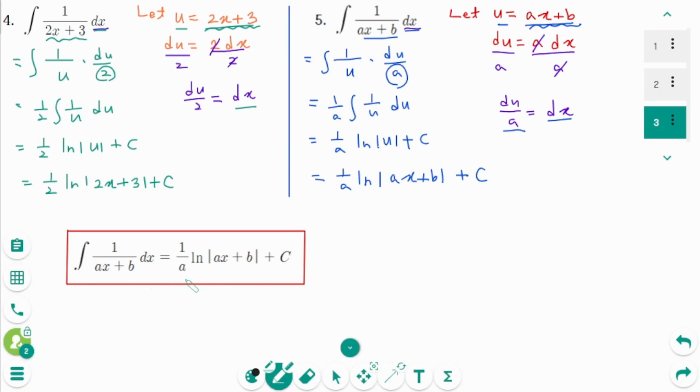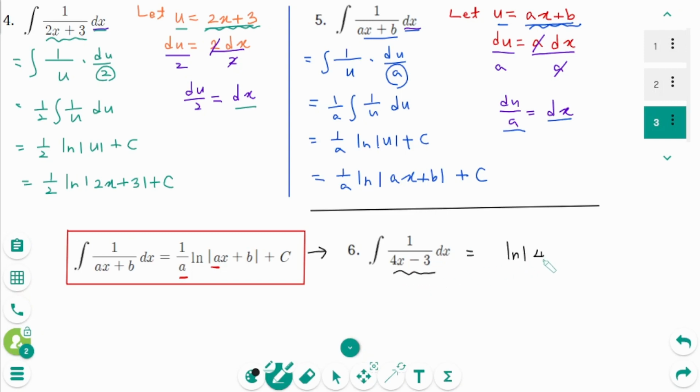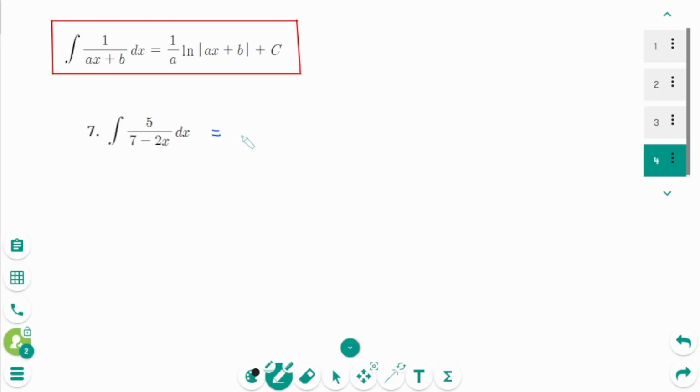After that, you can write 1 over the coefficient of x, which is the derivative of the linear expression. Use this formula. Just write down ln absolute value of 4x minus 3 plus c, then 1 over 4, which is the coefficient of x. Also, when you differentiate 4x minus 3, the answer is 4. Number 7, use this formula.